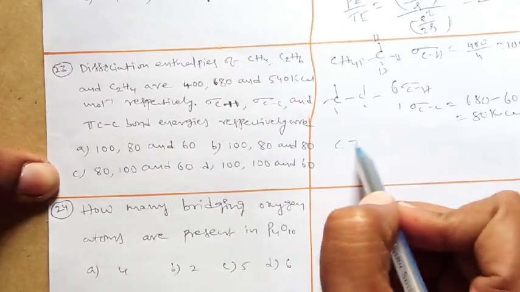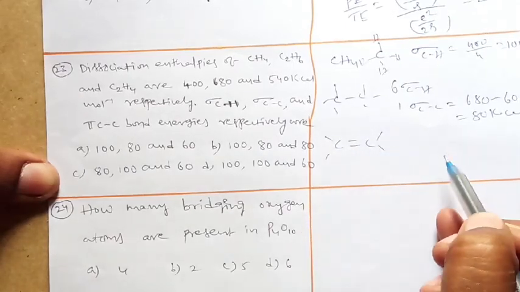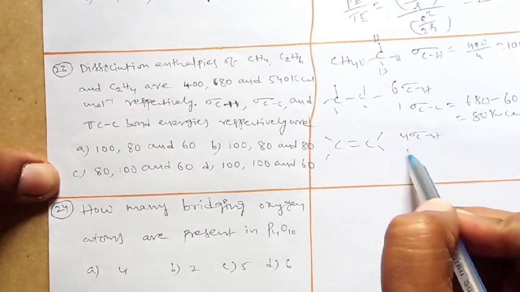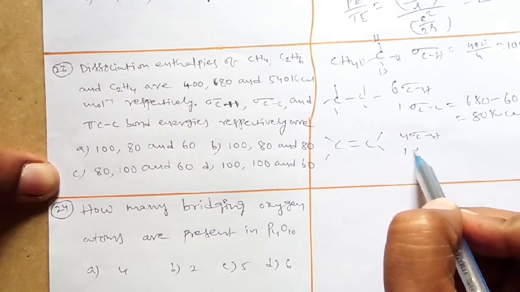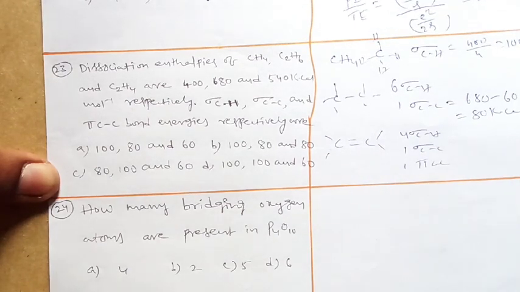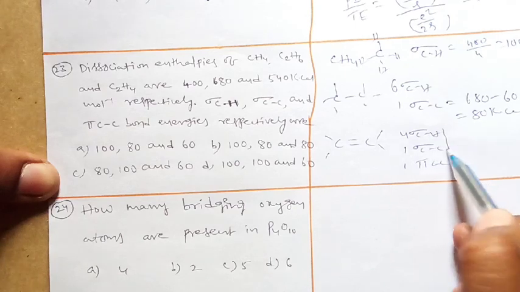Now the third one, pi C-C. In ethylene, this is the structure. In ethylene there are 4 C-H sigma bonds, 1 sigma C-C bond, and 1 pi C-C bond. Already we found these two.